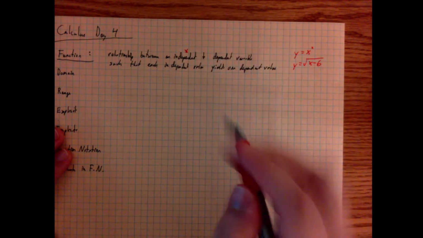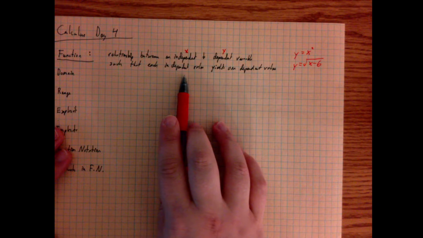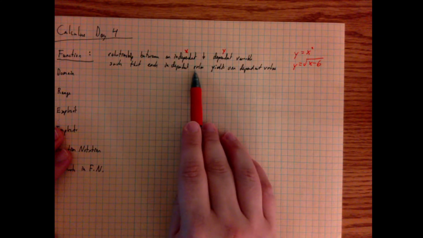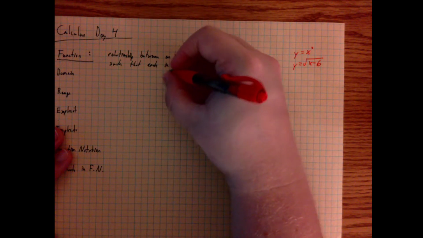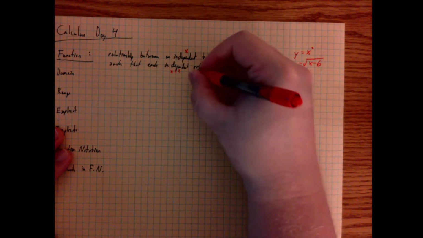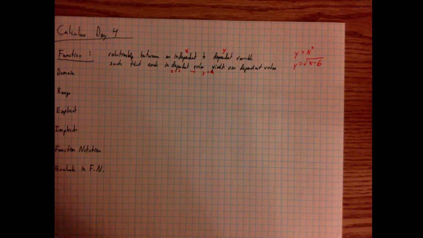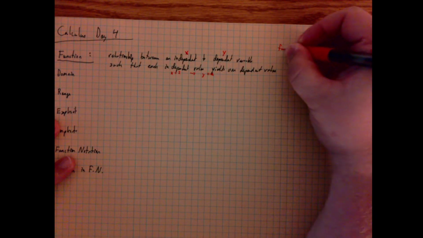A dependent variable, which is the y, and the important part is the secondary part, which a lot of algebra tends to ignore, is that for each independent value, it yields one dependent value. Meaning if I pick a number for x, like x equals 2, there can only be a single y answer. Let's call it a. Now, if x is 2, y could be 7, y could be 4 billion. We don't necessarily care what y is as long as we only get one answer. So these are all examples of functions.